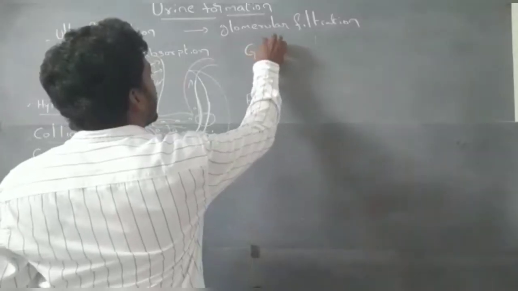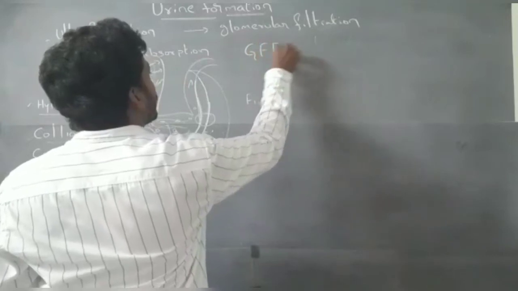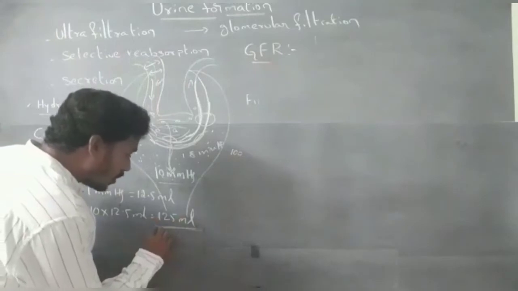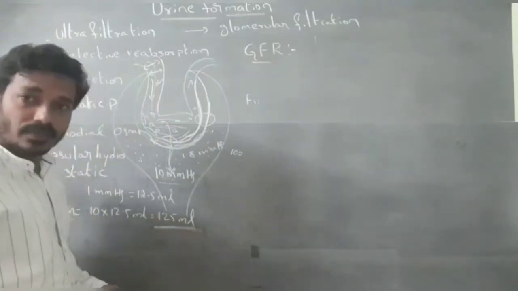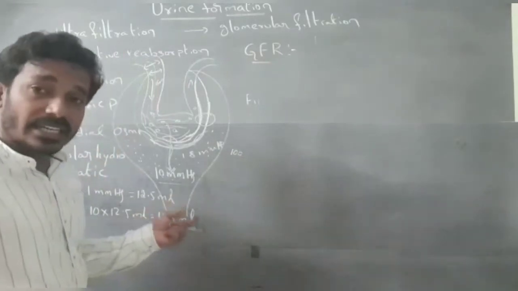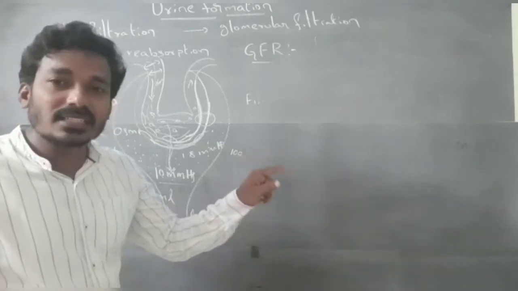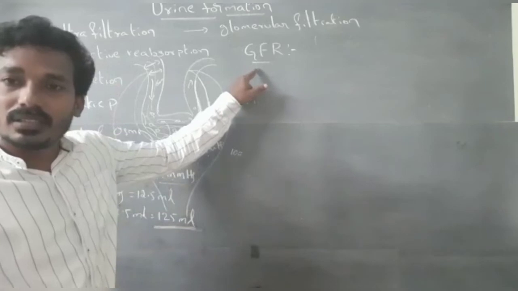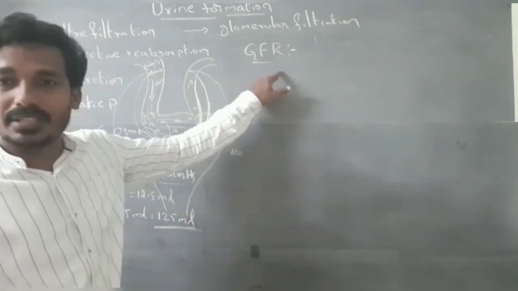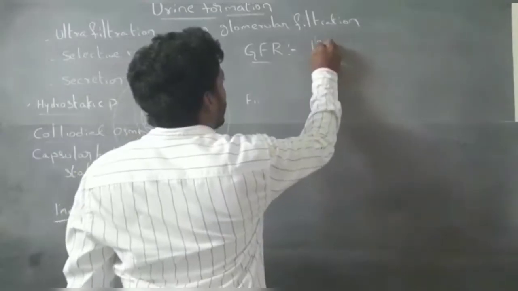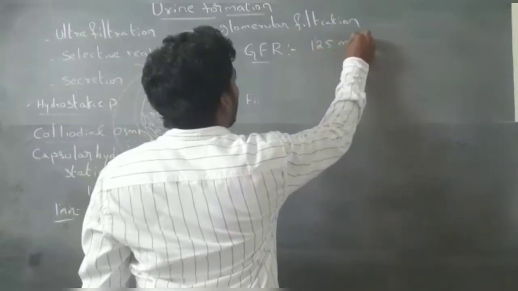Glomerular filtration rate. The filtrate formed by both kidneys per minute is called the glomerular filtration rate. It is 125 ml per minute.